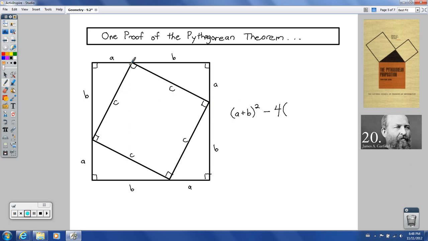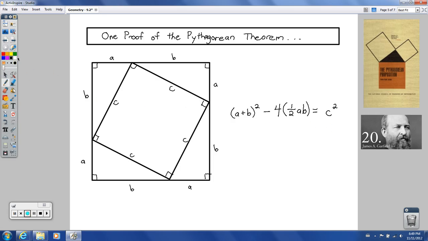A triangle is just half of a rectangle, so like this, half of a rectangle, so minus 1/2 base times height. The base and the height of the triangle here are a and b, so minus 4 times 1/2 base times height. So minus 4 of the triangles would equal the smaller square inside the bigger square, would equal c squared.